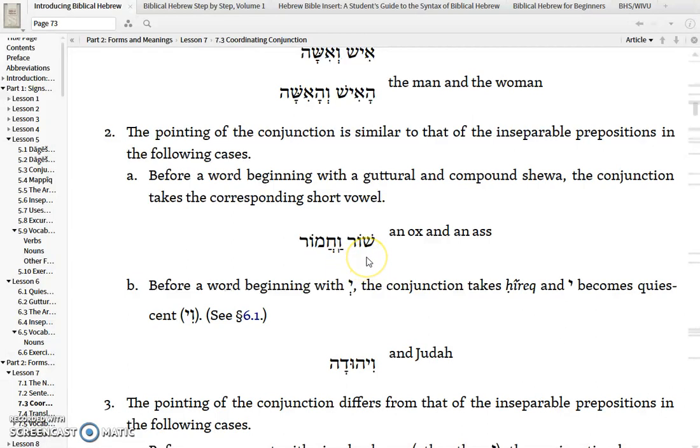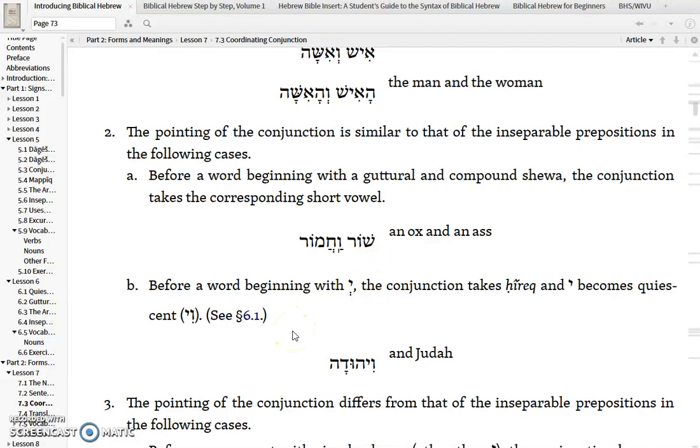And so if you want to say an ox and a donkey, it would be shor va hamor. Now normally you'd have a shavah here, but you have two shavahs in a row. You can't have two shavahs in a row. And in the case of a hataf type shavah, it'll take the half vowel. So the half vowel is a patah, so it'll take the patah. So it's shor va hamor.